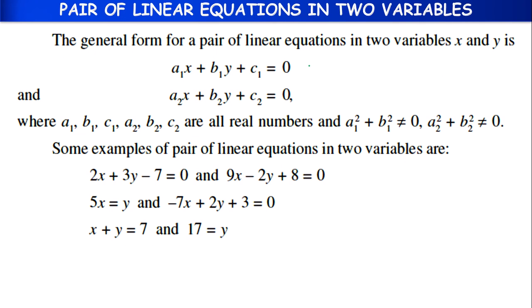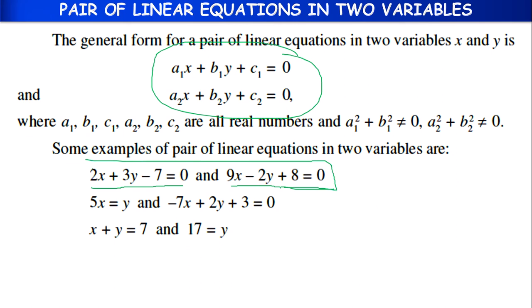In this form, suppose you take 2x plus 3y minus 7 equal to 0 and 9x minus 2y plus 8 equal to 0. These two equations are considered a pair of linear equations in two variables. Why?